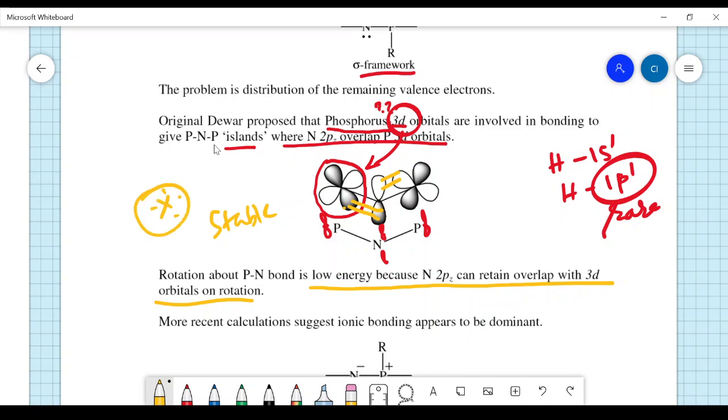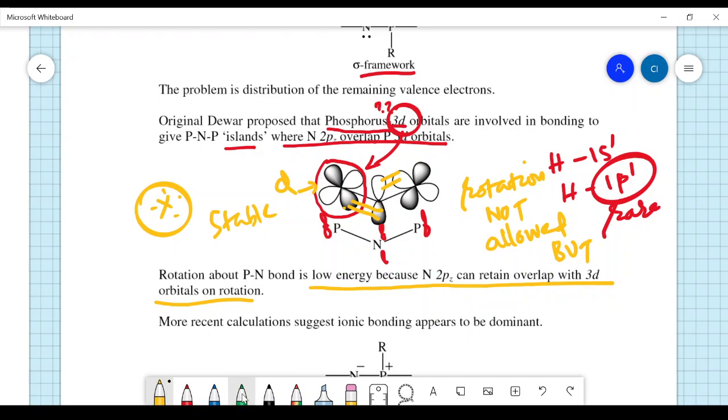What it says is that if you have these two, rotation should not be allowed. But what happens? Because the d orbitals are so liberal, you can rotate them.